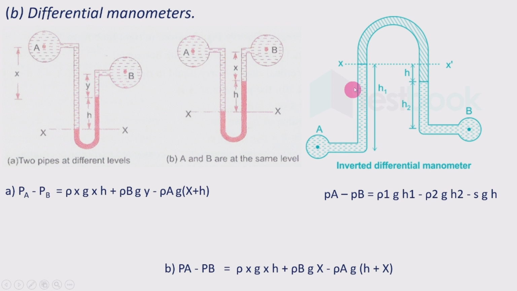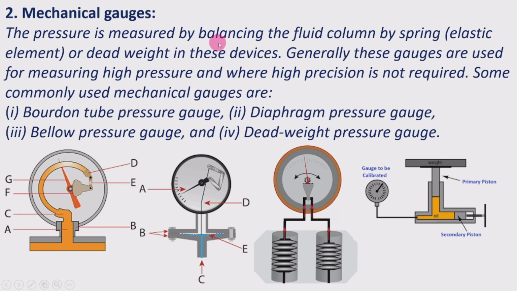Again, for the inverted one, we are going to balance the same way. The only difference in the equation is that here we take the plus, and here we have to take the minus. That is the difference between the inverted and vertical differential manometers.